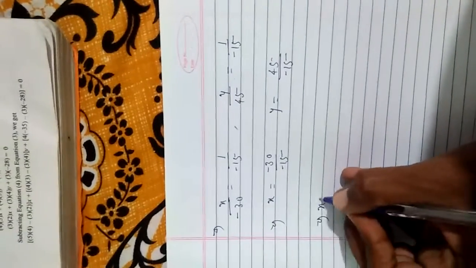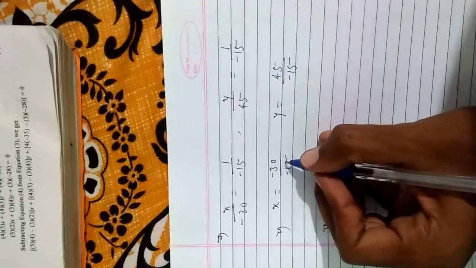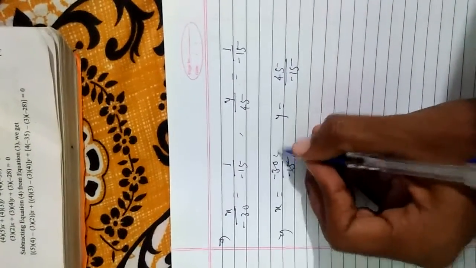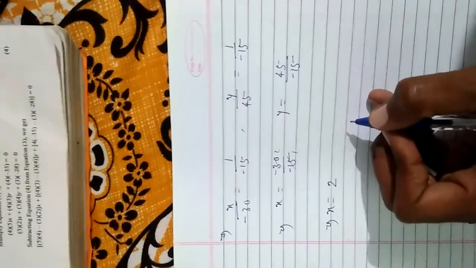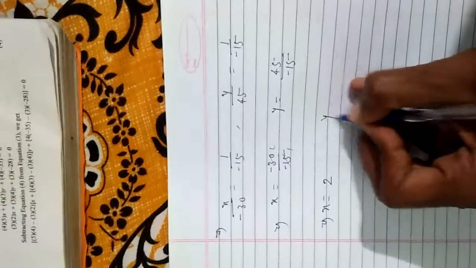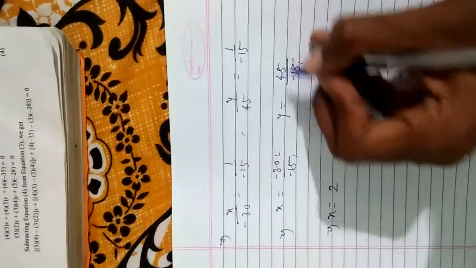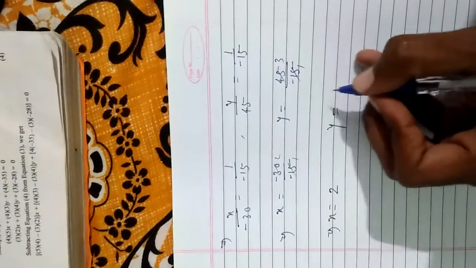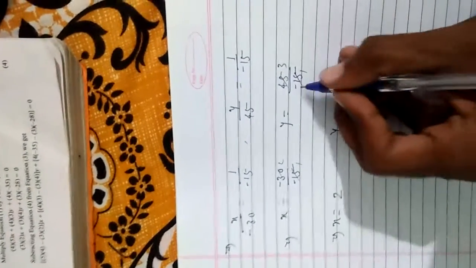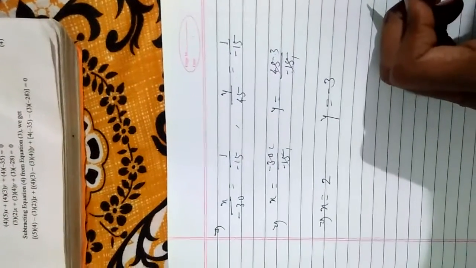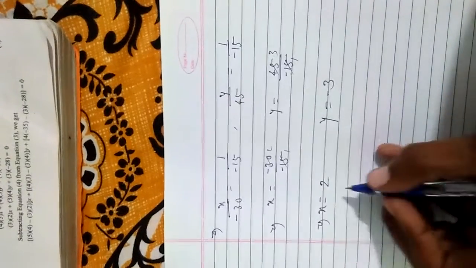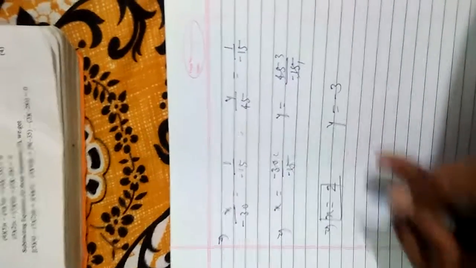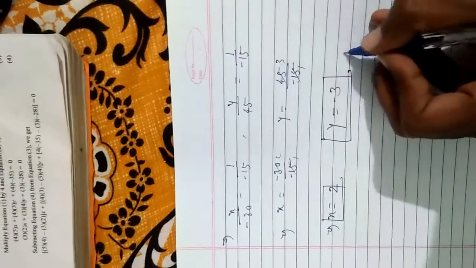So x equals, minus minus cancel, 15 ones are 15, 15 twos are 30, so you get x equals 2. And here 15 ones are 15, 15 threes are 45, so 3 is left and minus also here, so this is the y. This is your answer: x equals 2 and y equals minus 3.